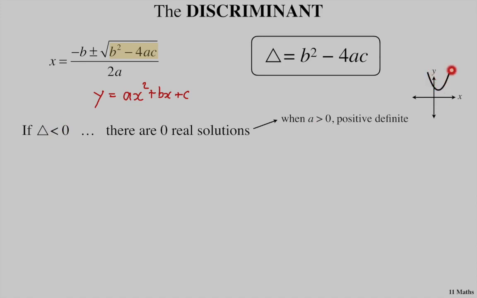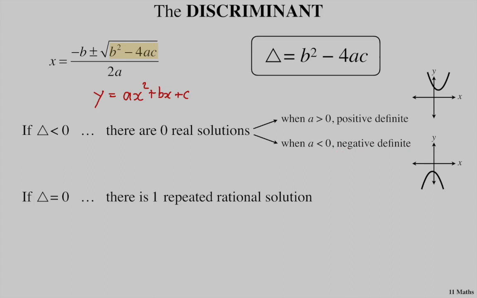So any parabola that opens upwards and doesn't touch the x-axis has a special name, and it's called positive definite. And if the discriminant's negative, but the value of a in front of x squared is also negative, it means the parabola opens downwards and it doesn't touch the x-axis, so that's the example of a parabola that is negative definite.